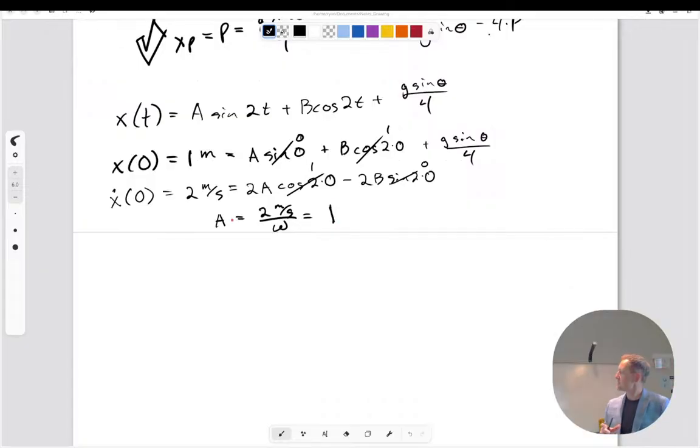So I'm looking at this, if I call this equation little i and little ii, in this second equation, the only non-zero terms are the 2, my initial condition, and 2a. So I can say a is 1.